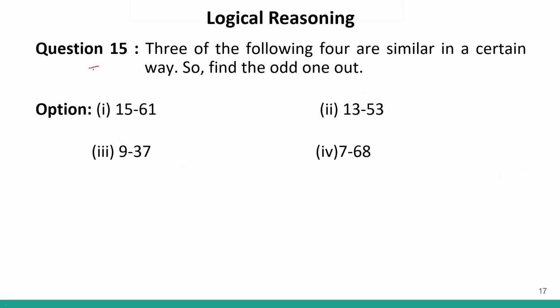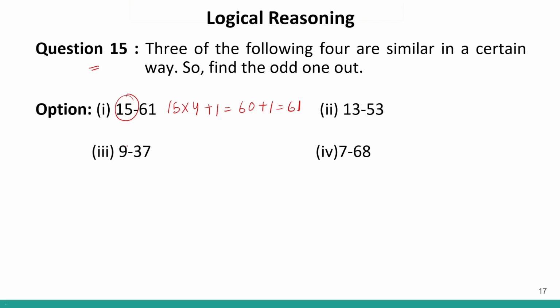Now, question number 15. 15 and 61, 9 and 37, 13 and 53, and 7 and 68. So, if I look over here, I can see that 15 into 4 plus 1 will be how much? 60 plus 1, that will give me 61. Okay, I'm taking the first digit.